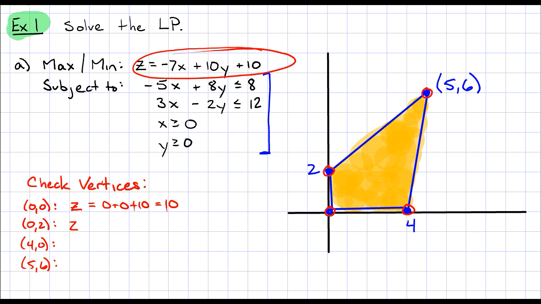Plugging in 0, 2, I get 0 plus 20 plus 10, which is 30. Plugging in 4, 0, I get minus 28 plus 0 plus 10, which is minus 18.